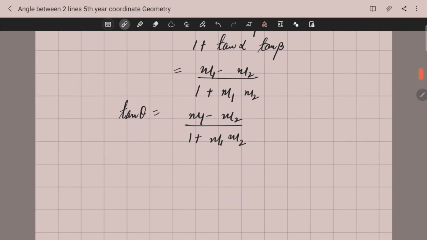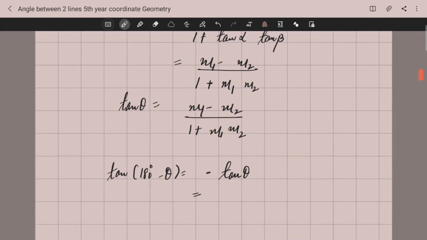If our theta is 180 degree minus theta, then this is minus tan theta. So our formula for tan theta is m1 minus m2 over 1 plus m1 into m2. And for minus, we put minus sign in front of the formula: minus of m1 minus m2 over 1 plus m1 m2.